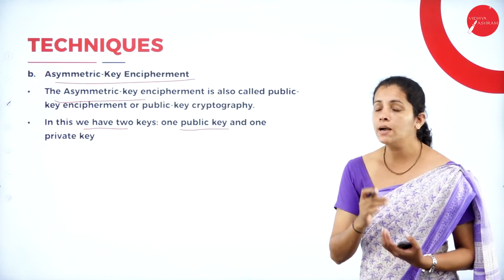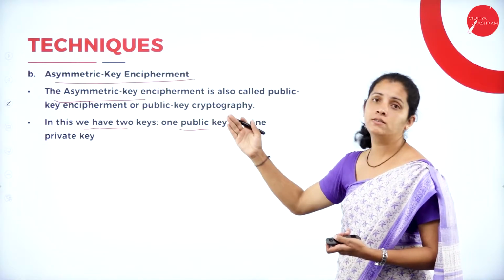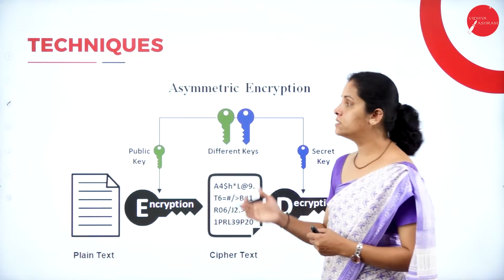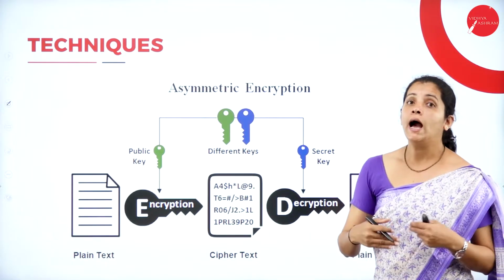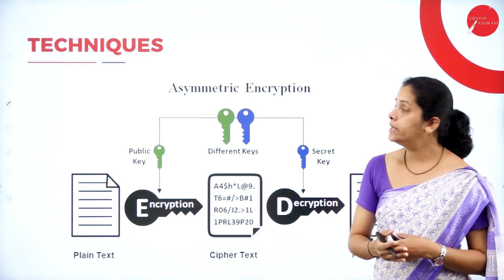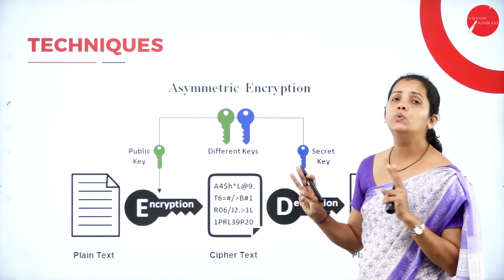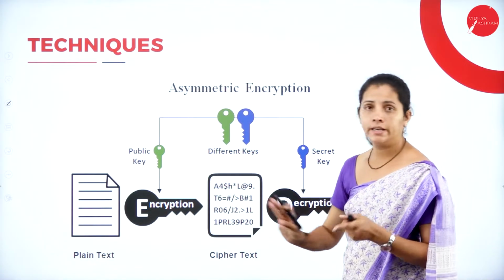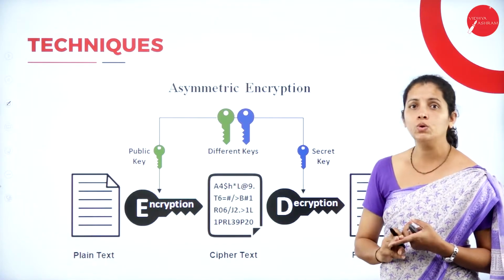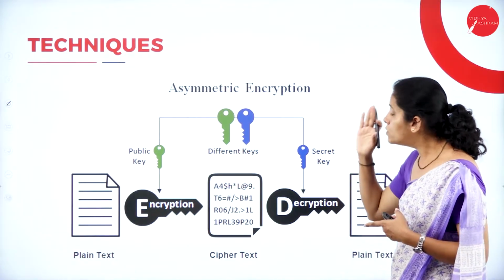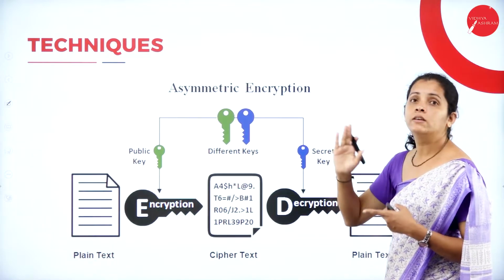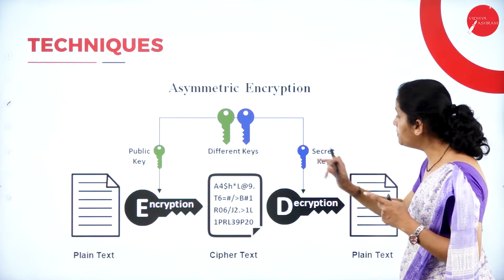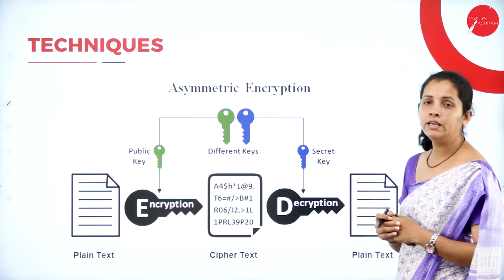Now with an example, let's see the uses of the public key as well as the private key. As the technique name itself indicates, I'm going to have two different keys. One key is used to encrypt the data and one key is used to decrypt the data. So dear students, just remember carefully that to decrypt the data, I'm going to use the secret key.